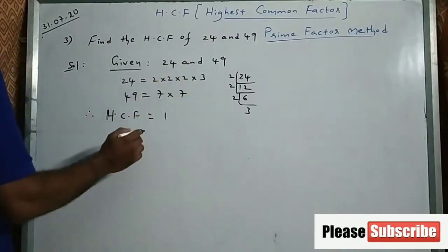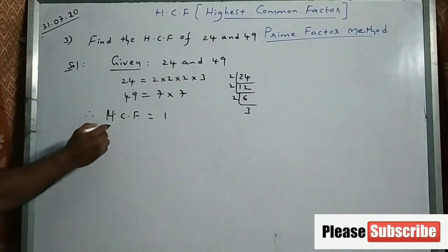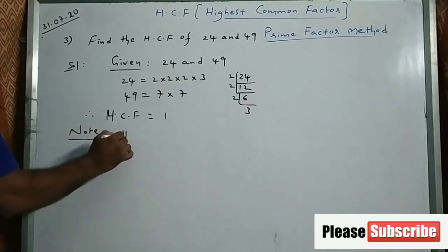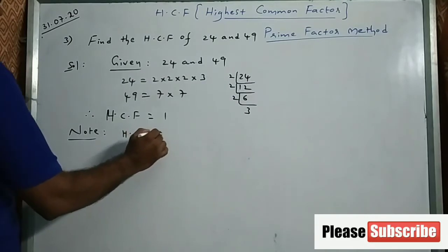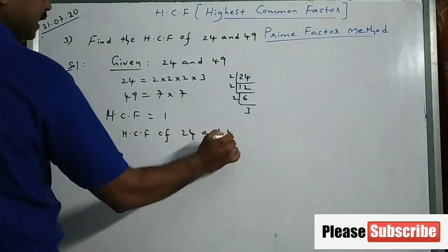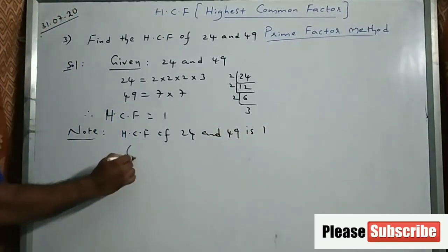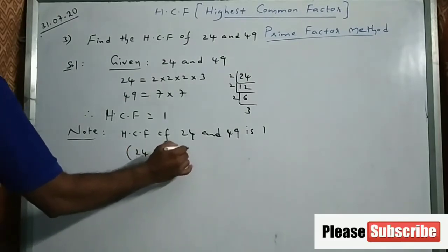Such numbers we say are relatively prime or co-prime. So under note you can make this: if HCF is equal to 1, HCF of 24 and 49 is 1. You can write like this: HCF of 24, 49 is 1.